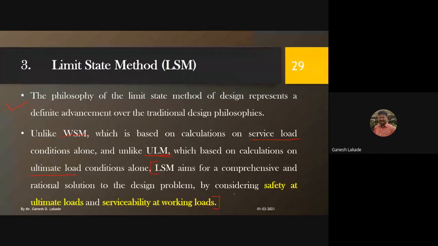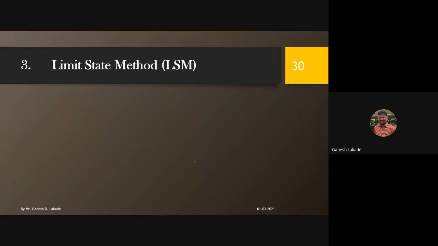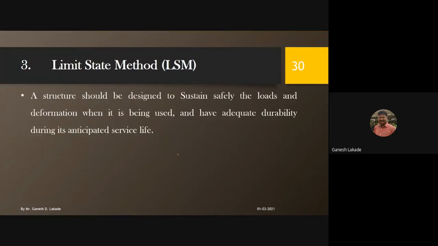Okay. Now for achieving this, in limit state method, our structure should be designed to sustain safely the loads and deformation when it is being used, that is, when it is in service, and have adequate durability during its anticipated service life.